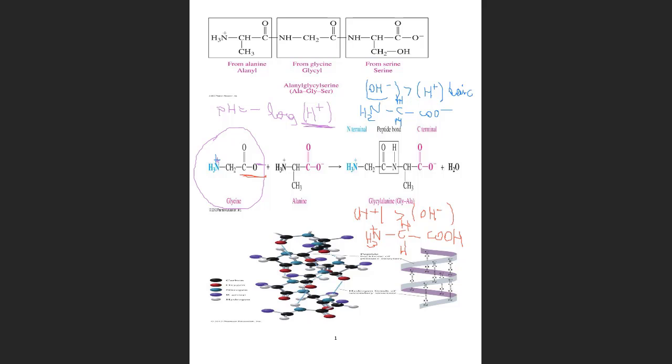So in this experiment, we will isolate the protein casein found in milk by adjusting the pH and letting it fall out of the solution.